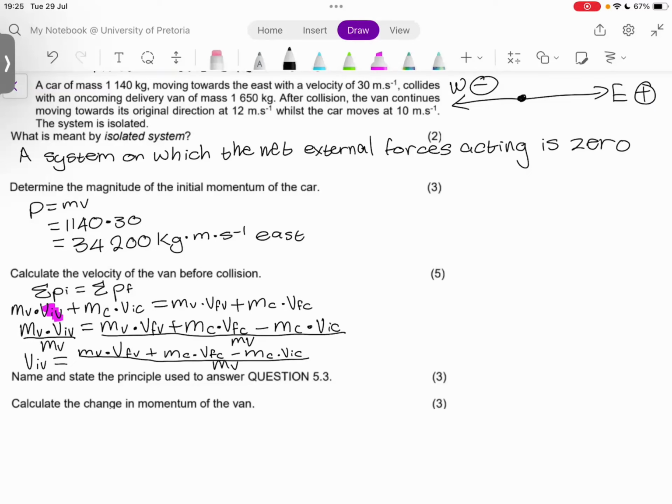Right. If I substitute in my values, I then have what I'm writing down over here. The van is going in which direction now? Because if the car is going east, that means the van is going west.